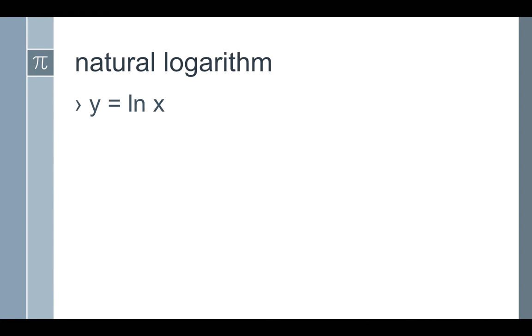What about the natural logarithm? We're going to actually use some implicit differentiation and what we just learned in order to solve this derivative. So I want to find dy/dx. I don't know how to find the derivative of the natural log yet, so I'm going to change this. We might remember that the natural log of x is equal to y, and therefore x is equal to e to the y.